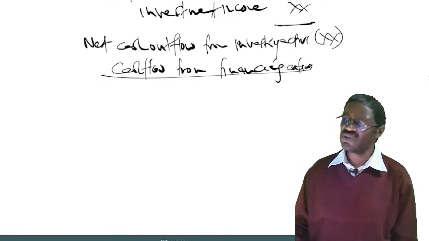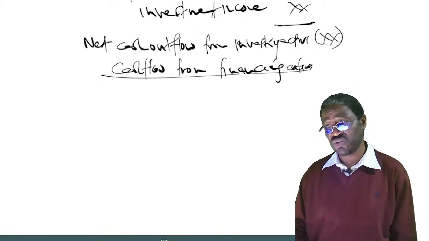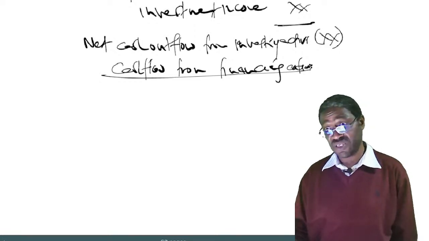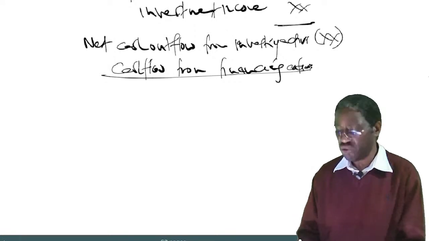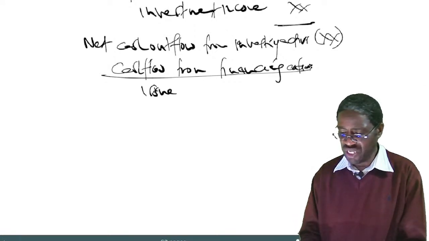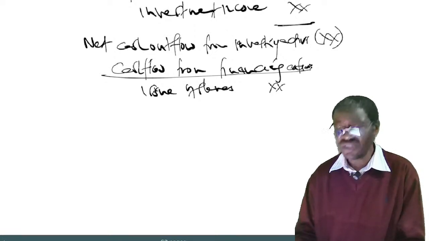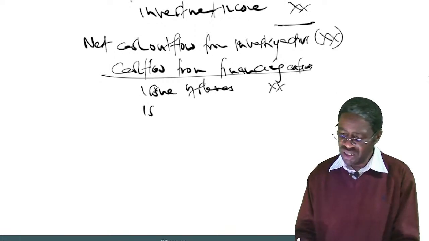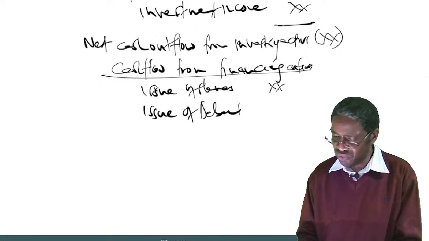Any transaction affecting the finances of the company, we normally classify it as a financing activity. Most common ones could be issue of shares. Maybe during the year as a company, you issued shares, that's financing, it's an inflow. Maybe during the year, you issued some debentures, that's an inflow.